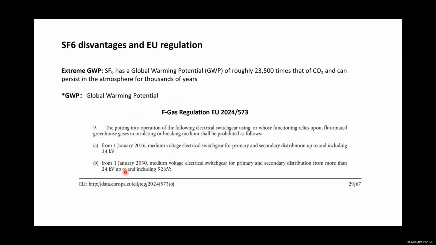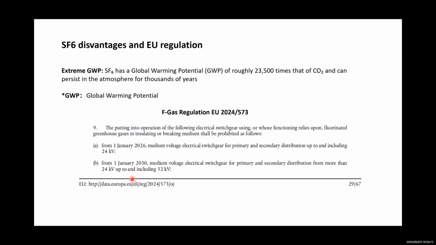And from January 1, 2030, medium voltage electrical switchgear for primary and secondary distribution from more than 24 kilovolt up to and including 52 kilovolt, because at a higher voltage level, the SF6-free technologies are more difficult, and you need some time to upgrade them. Also the supply chain and the cost are very complex.